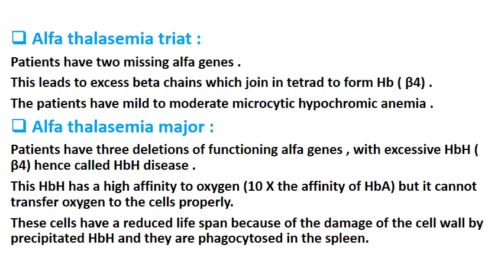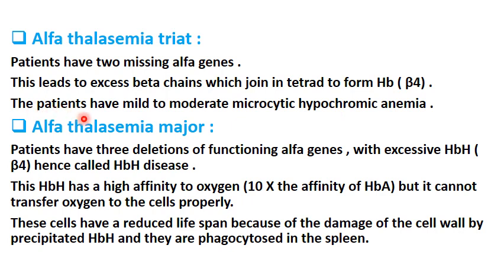hemoglobinopathies. The other type of alpha thalassemia is alpha thalassemia trait. In such a patient, basically we have two missing alpha genes. In such a case, the excess beta chains join in tetrad form, beta 4.